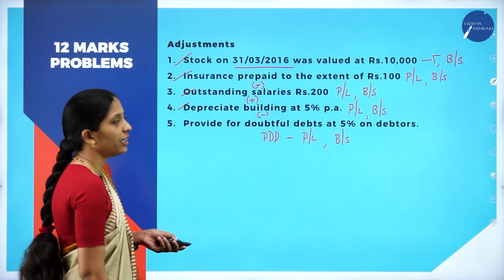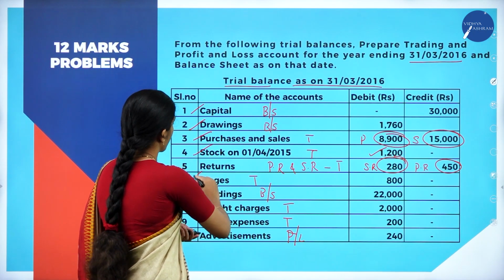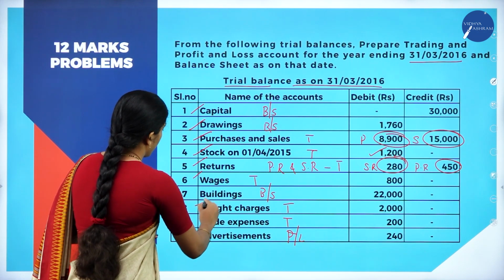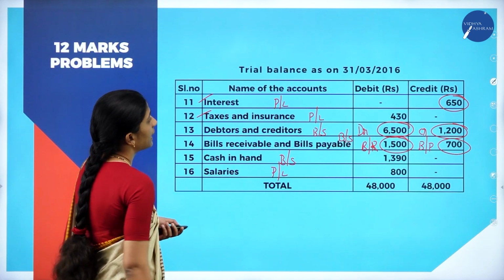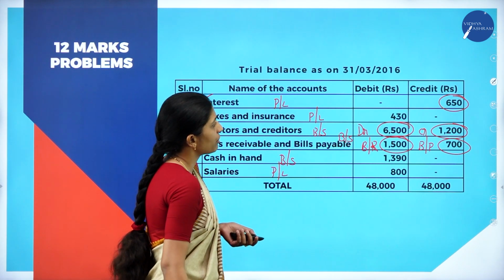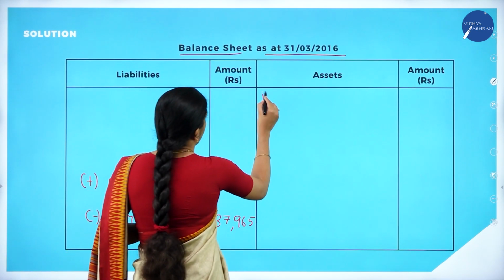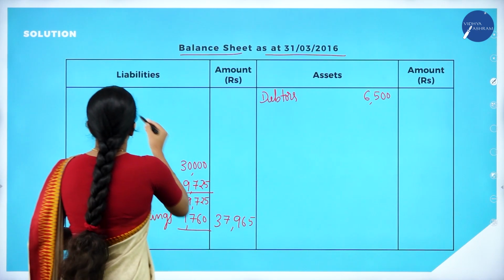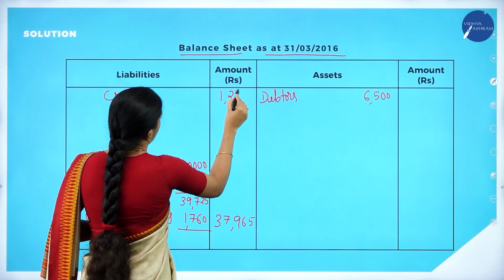Now we shall go through the other accounts in your trial balance. Drawings and capital is done, purchases and sales is done, opening stock, returns is done, wages is done. Building we shall take later because it is a fixed asset. Freight done, trade expenses, advertisement done. Interest is done, taxes and insurance is done, debtors and creditors. For debtors we have PDD, so you have to minus that PDD. Debtors 6,500, and creditors is a liability, so creditors we shall write in the outer column, 1,200.